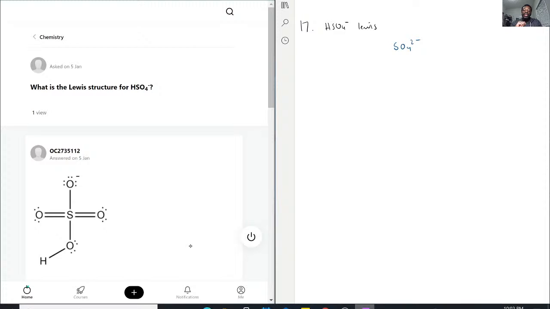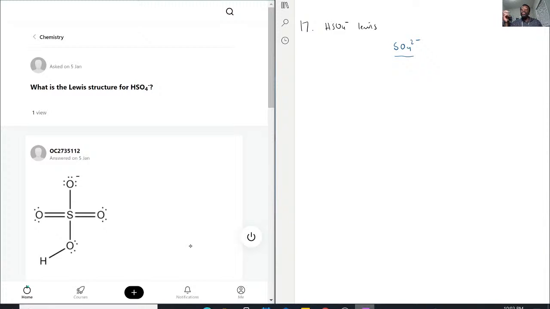The reason why I wrote it like this first is because, for me at least, it helps me write things out appropriately. When I write it out this way, I avoid the mistake of putting the hydrogen on the sulfur. And I know you can see the picture here, and you can see how the oxygen is where the hydrogen attaches to.